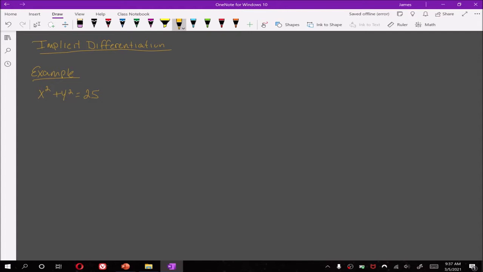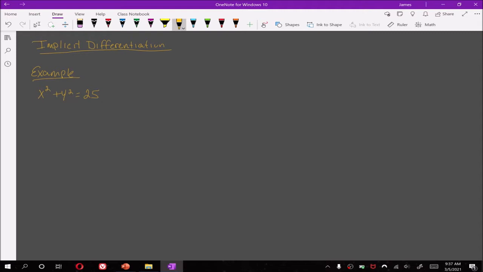Well, remember, slope of a tangent line is dy dx. So we need to find dy dx. But this is not an explicitly defined function. This is y being implicitly defined as x.